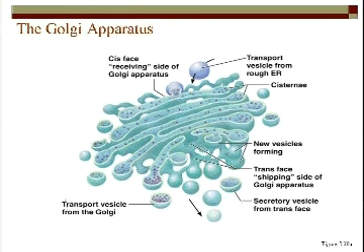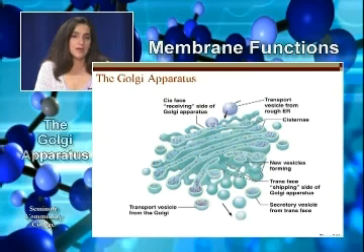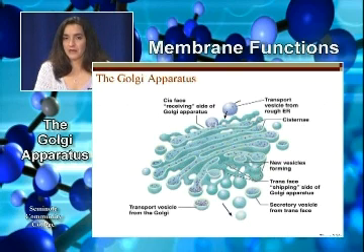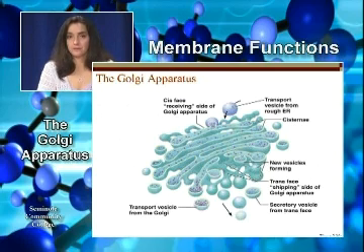Once it receives these vesicles, it will distribute those vesicles into the cisternal space of the Golgi. Here, the Golgi will actually process through those proteins that have come from the ER, those lipids that have come from the ER, and those carbohydrates. It will repackage and sort through them and ship them out from what we call the trans face.